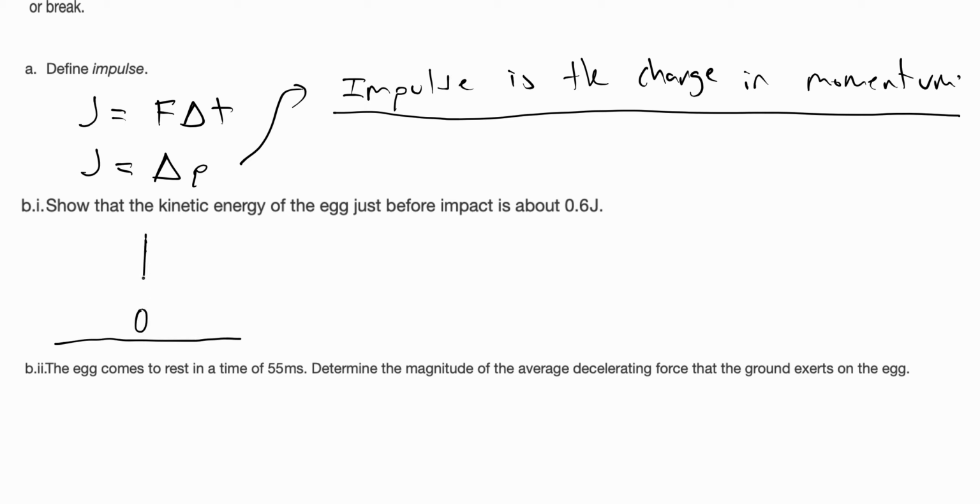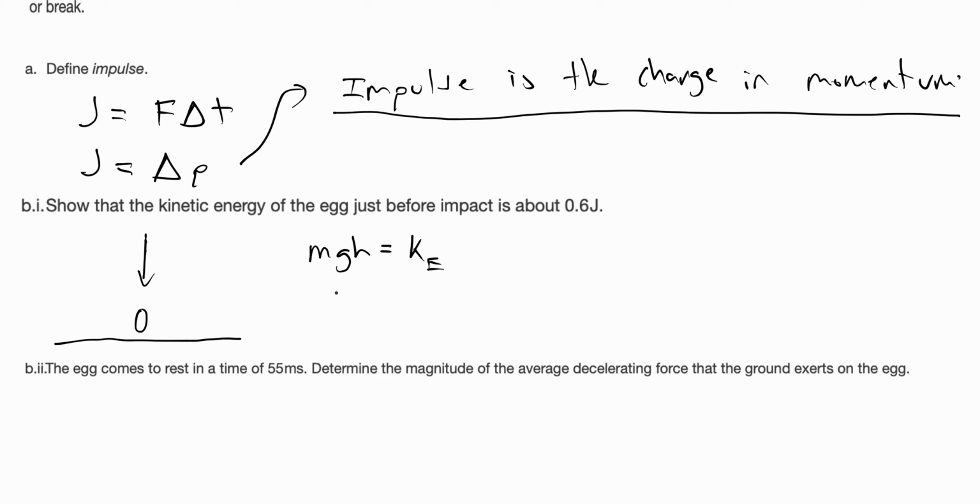This egg was dropped this way. It used to have some potential energy, and that potential energy got converted into kinetic energy, and right before the egg touches the ground, we can roughly say that the potential energy mgh is equal to the kinetic energy KE.